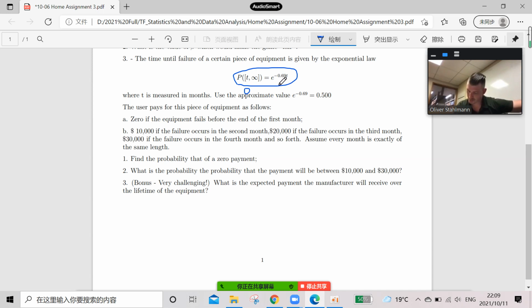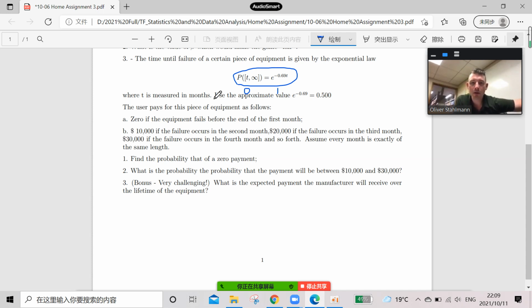It's just e to the 0 power, right? So it's 1. So what does this mean? It means all the equipment from the beginning is functioning. At time 0, they are all functioning, and one means functioning.